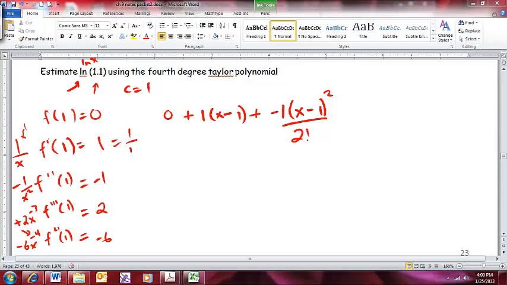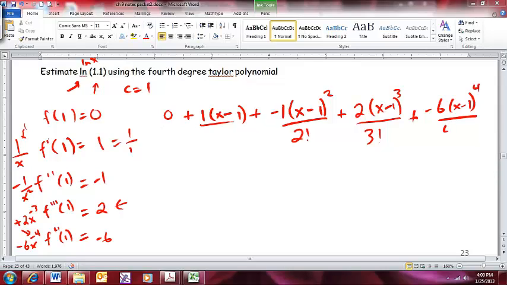So we got 0, 1, 2, and we just go to the next one. The third would be a 2, x minus 1 to the third over 3 factorial. And our fourth one is the negative 6, so negative 6, x minus 1 to the fourth over 4 factorial.